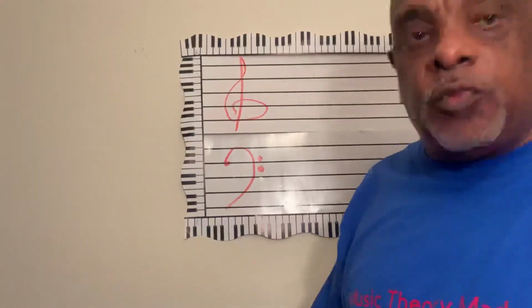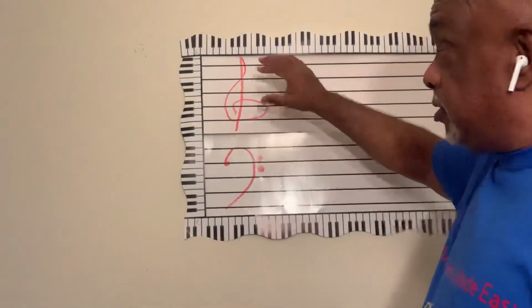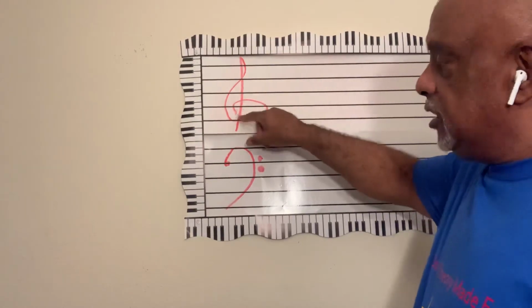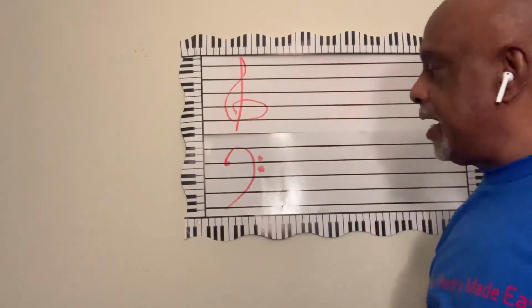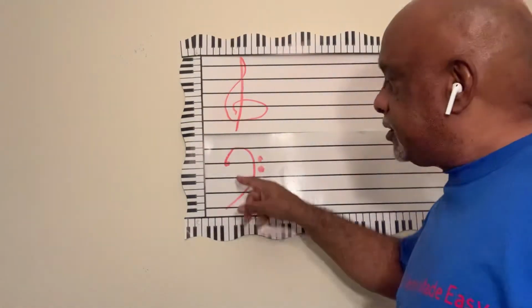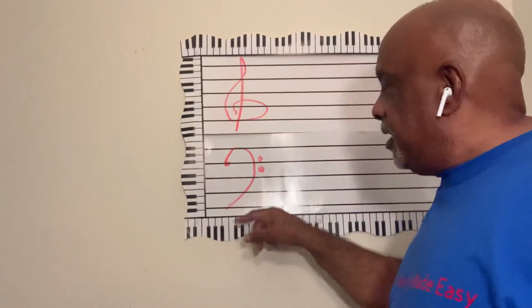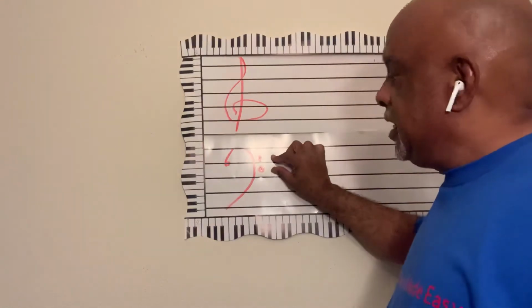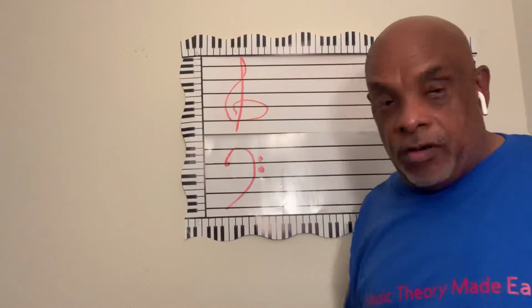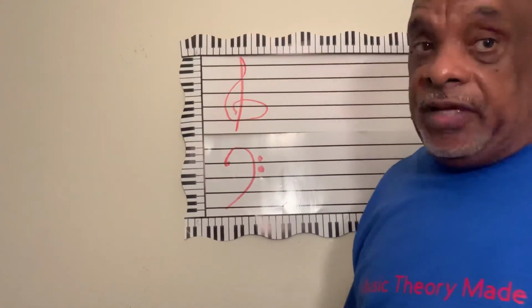So that's why they call it the treble or G clef, because it crosses the G line or circles the G line, and they call it the bass or the F clef because it starts on the F line, and then you have 1 dot on top of the F line and one dot on the bottom of the F line.